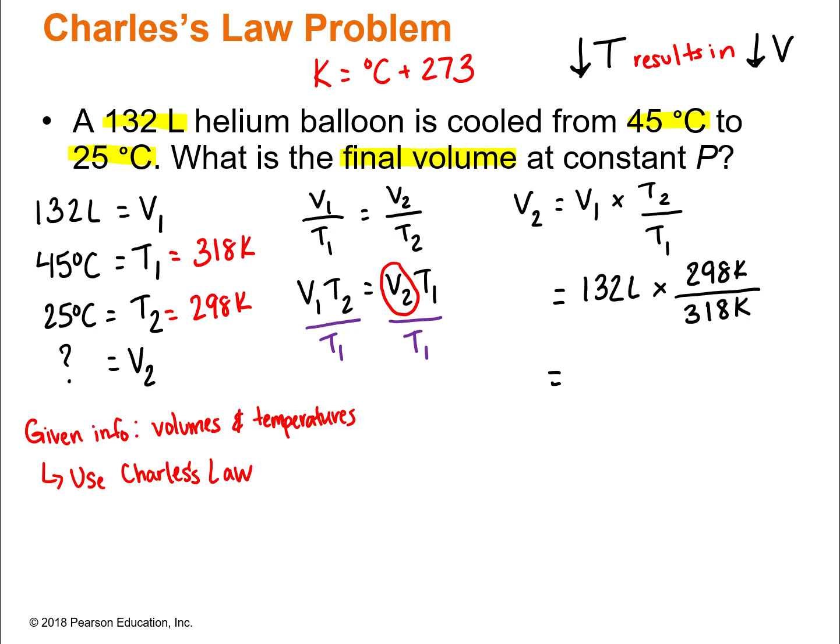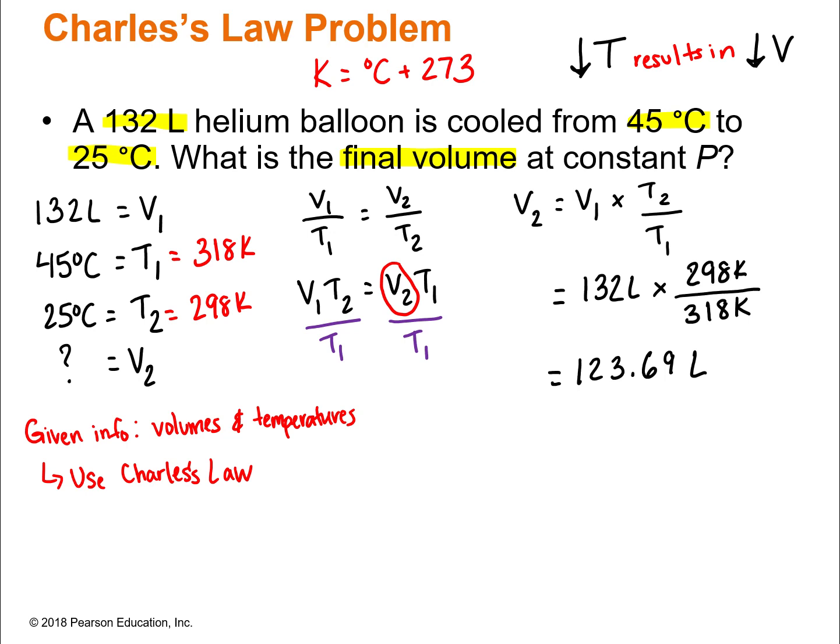Okay. So when you put this into your calculator, you get 123 point something. There's a bunch more numbers than that, but I'll leave it there. First thing we want to do before we even worry about sig figs is make sure that our result is what we expect.